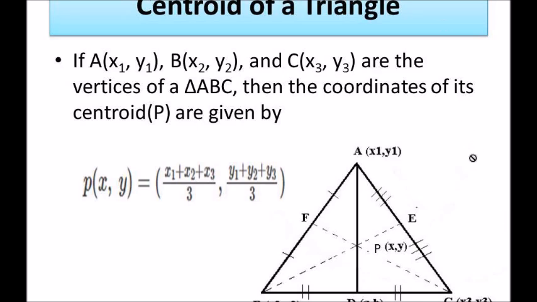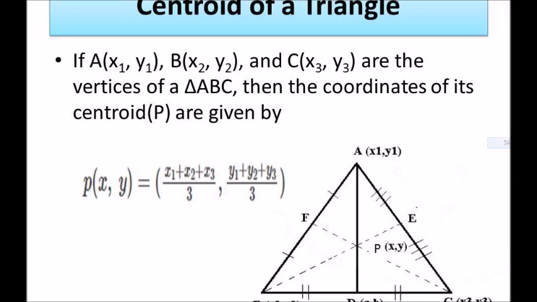So if A x1 comma y1, B x2 comma y2 and C x3 comma y3 are the vertices of a triangle ABC, then the coordinates of its centroid P are given by P of x comma y is equal to x1 plus x2 plus x3 divided by 3 comma y1 plus y2 plus y3 divided by 3.